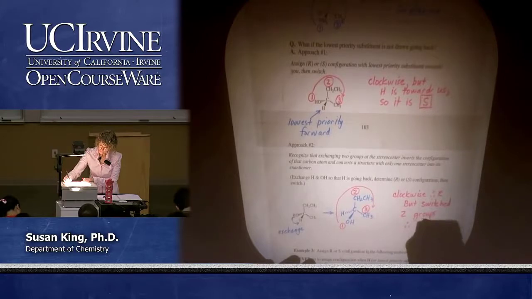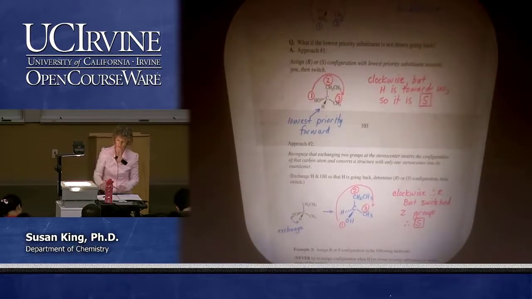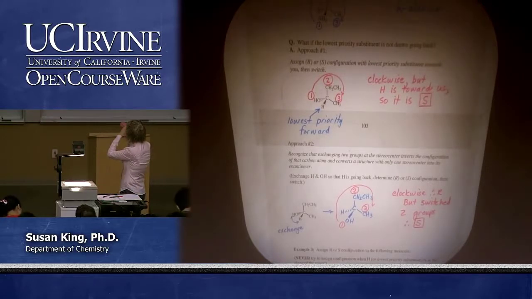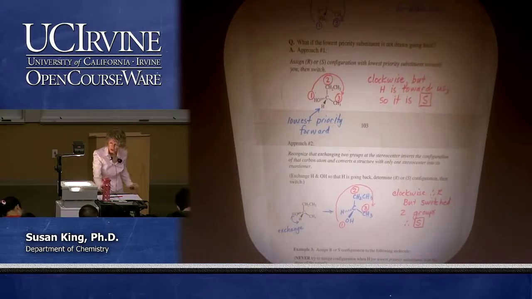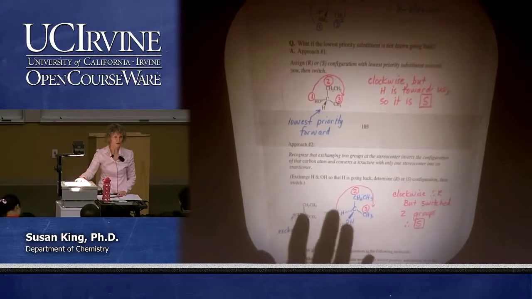Therefore it's S. So S is the answer. So that's another method to do that. And of course, I urge you to do that if the hydrogen's in the plane.